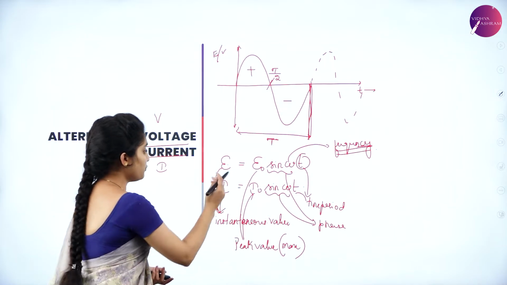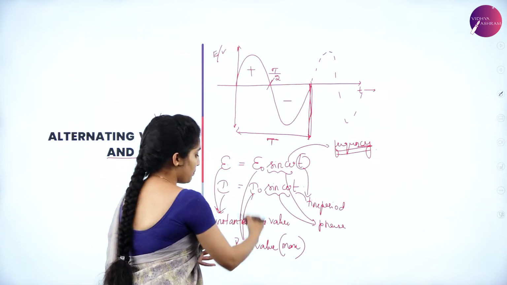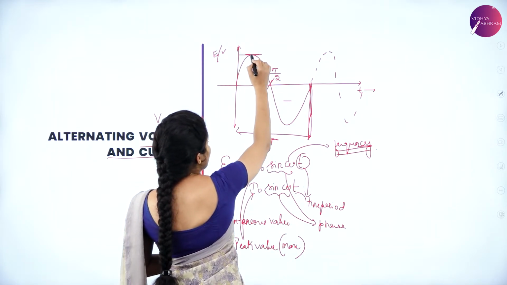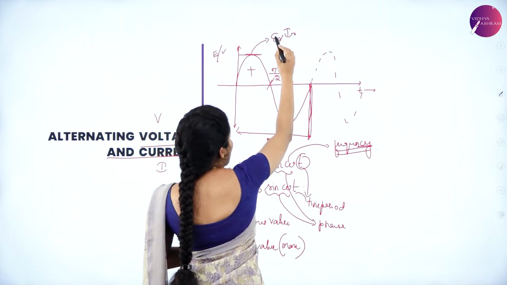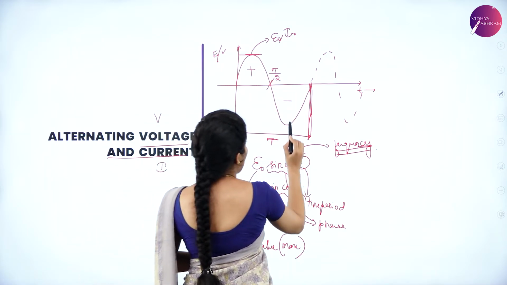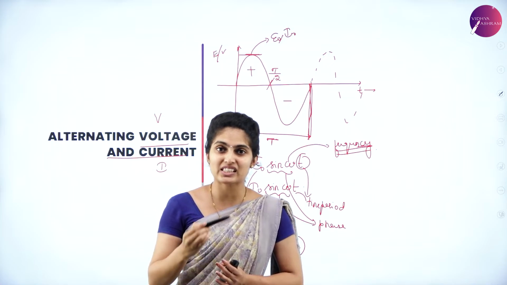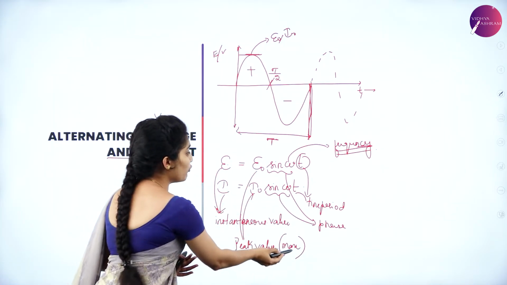Instantaneous value is the value at a certain instant. Peak value or maximum value means the amplitude value. This can be either the peak value of EMF or the peak value of current, and these amplitudes are said to be the peak values since the amplitude at the peak is higher, so we call it the maximum value.